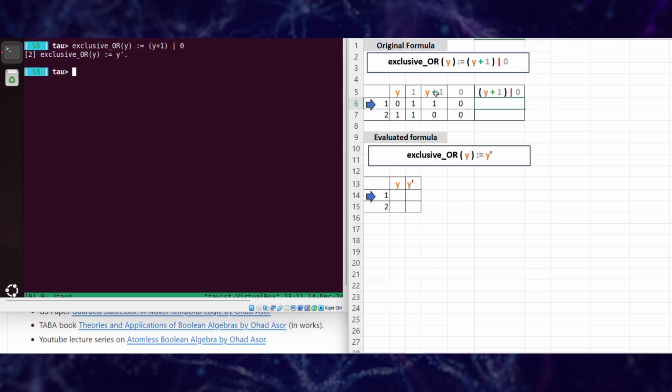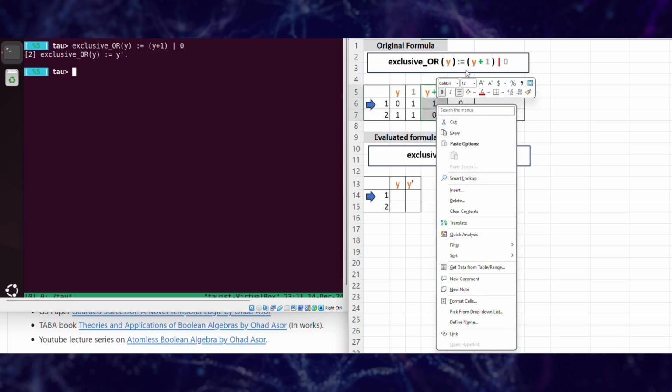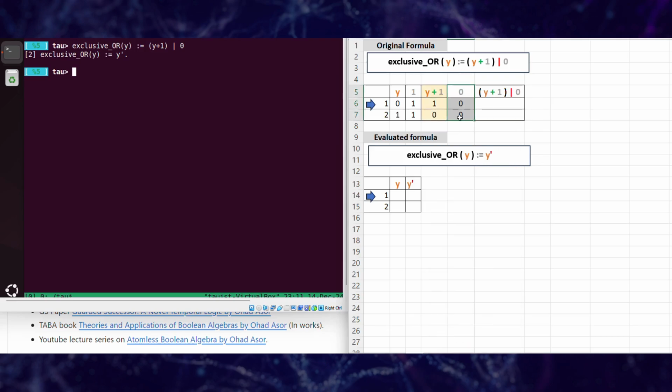So here, let's focus our attention here and on this one here. Okay, so OR, right? What does OR mean? OR means we will have a result of 1 if either of the two inputs is 1. So here this is 1 and this is 0.